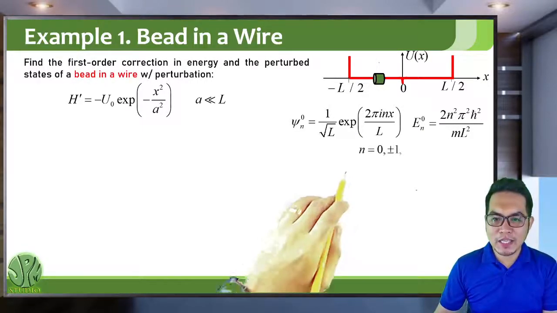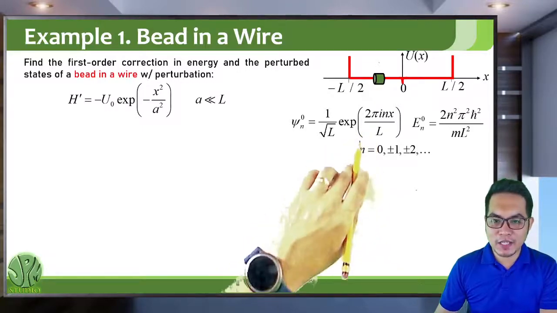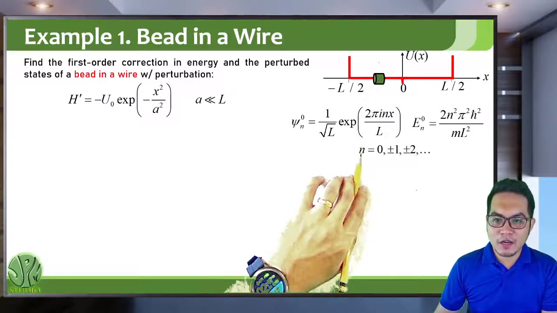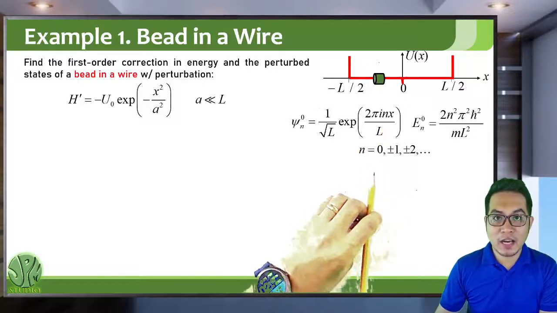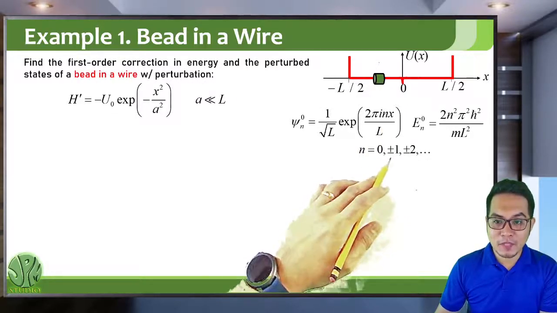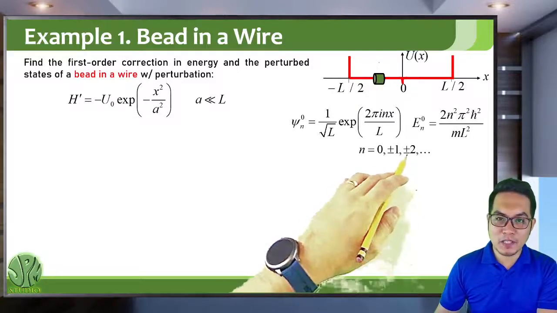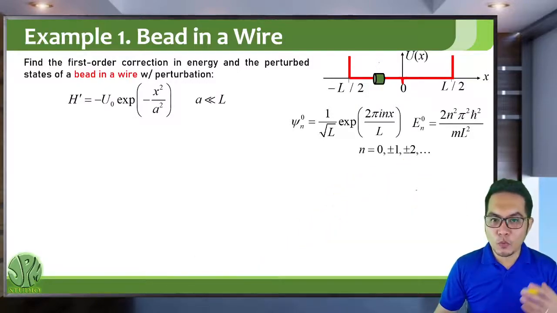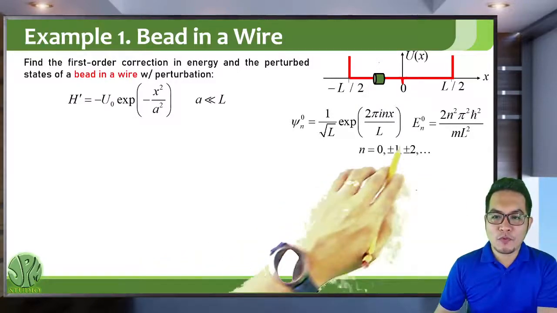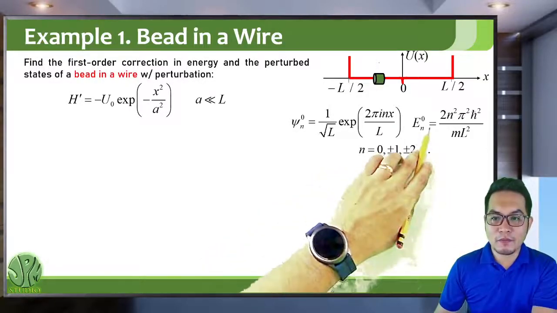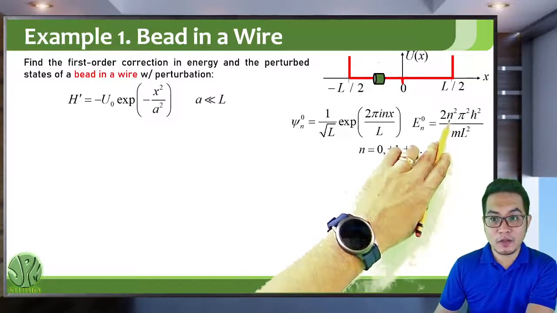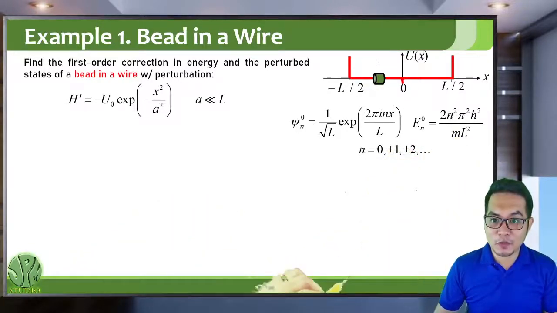Now, for this case, the n here actually starts from 0, and then it can have positive and negative values: positive 1, negative 1, positive 2, negative 2, and so on. Which means that for every energy level, there are two values of n. So for n squared equal to 4, there are actually two possible values.